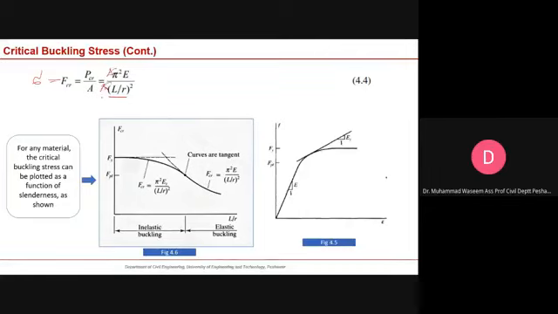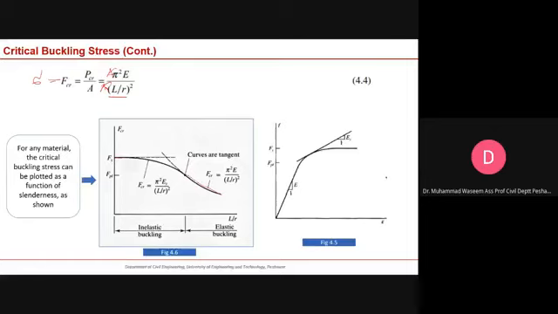This is the last slide. Now for design or analysis of the column, if the stresses in the members are plotted against the slenderness ratio, you will get this type of curve.